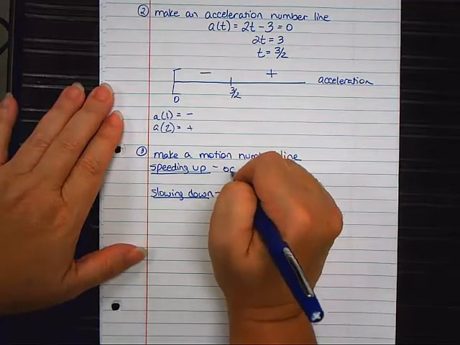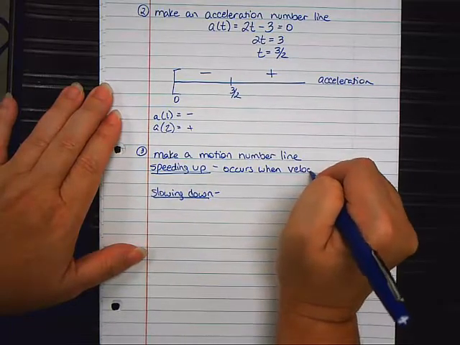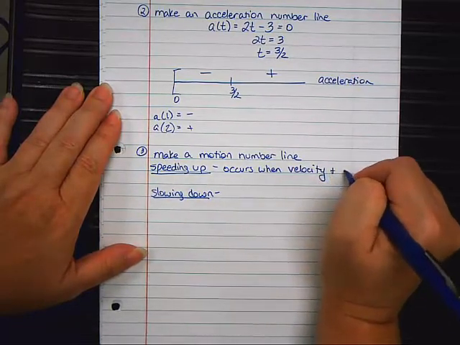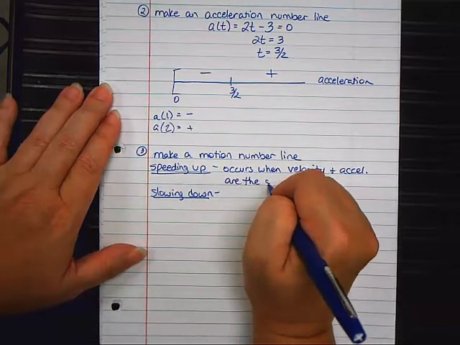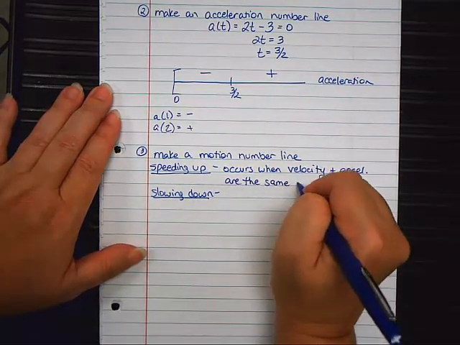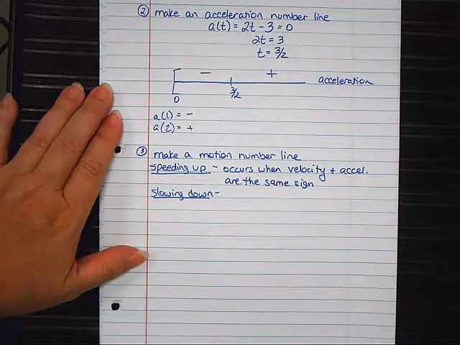So this occurs when the velocity and acceleration are the same sign. They're helping each other out. So negative velocity and negative acceleration is speeding up.